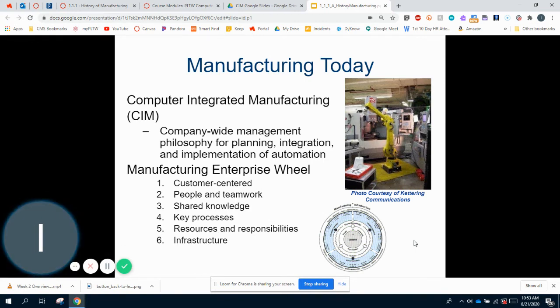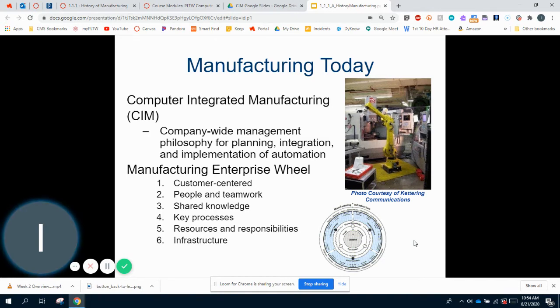After focusing on the customer, the people who work for the company, and the teamwork that is involved in creating the product is your next focus. Workers have to be trained, and the more knowledge they have, the better they work together. So they have to have a shared knowledge of the processes needed to make the products.